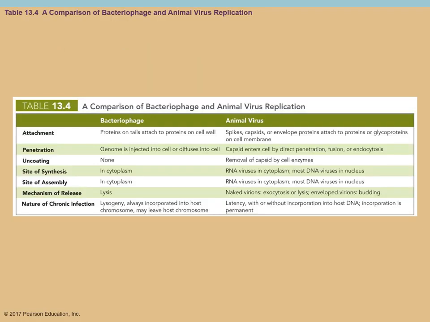So an example of this latency, some of you may or may not be aware of this. Chickenpox is caused by a virus. When you get the chickenpox, and now there's a vaccine to protect against chickenpox, but when you used to get it naturally, you had the chickenpox and you suffered through that, and then finally you recovered, but you never really got rid of the virus.